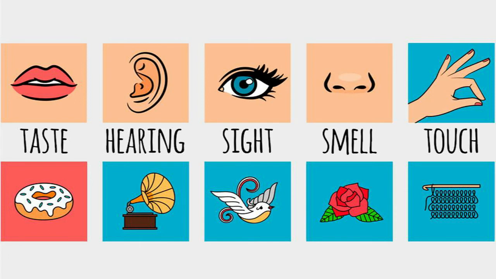We can also add taste, hearing, sight, smell, touch to our settings. If the story is happening in a rose garden, we can describe the smell, and for sight, we can describe how green the grass is or how beautiful the flowers are. Hearing is like we can hear the sound of the river.